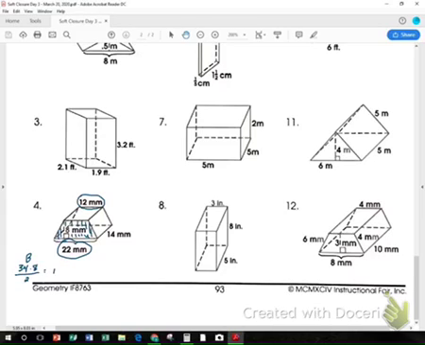So this is 136. We need to multiply that by the height of the prism, so times 14. 136 times 14. Boom. 1,904 millimeters cubed.